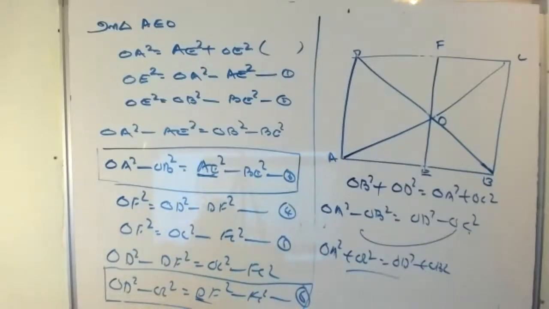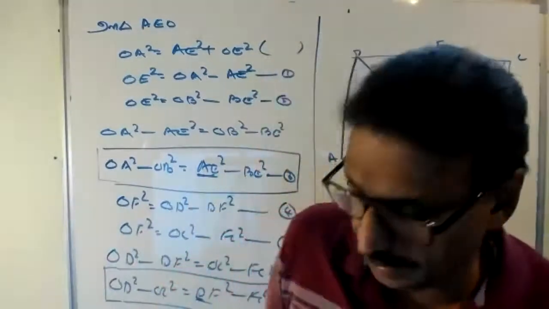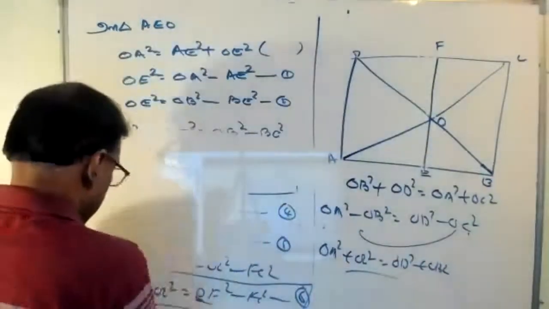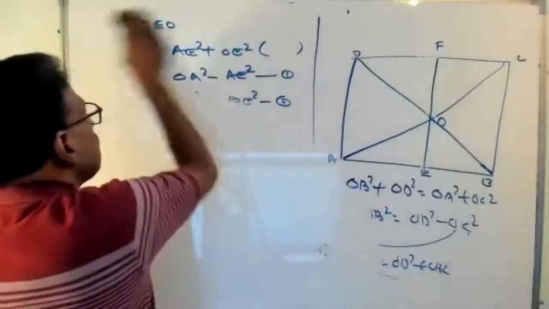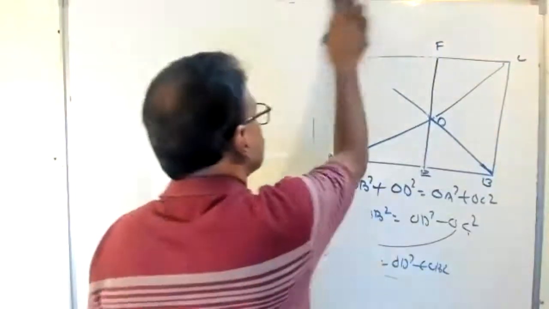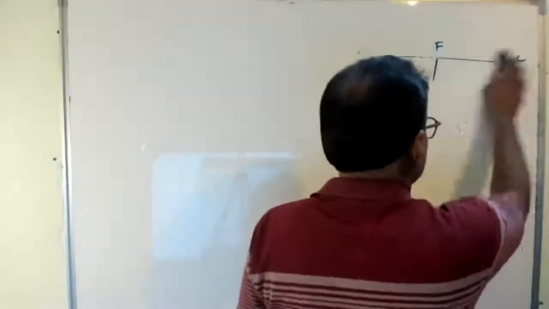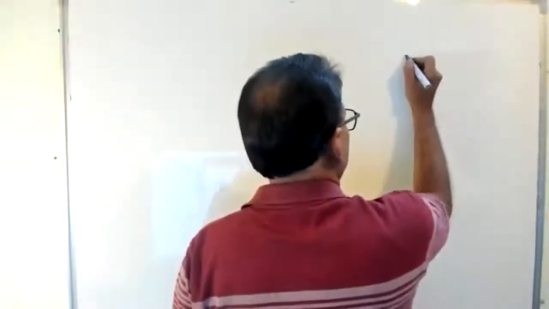In triangle ABC, AD perpendicular to BC. I'll give the figure.